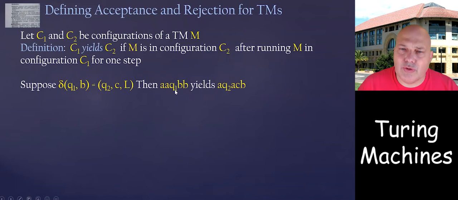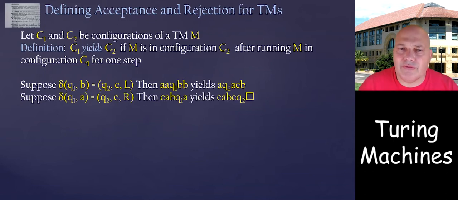It means that it's going to move to Q2 and move to the left and write C. So it's writing C instead of this B. Here you see CB at the end instead of BB, and it's moving one to the left.